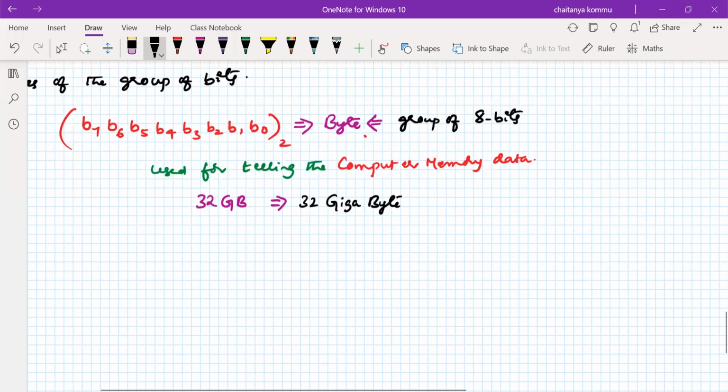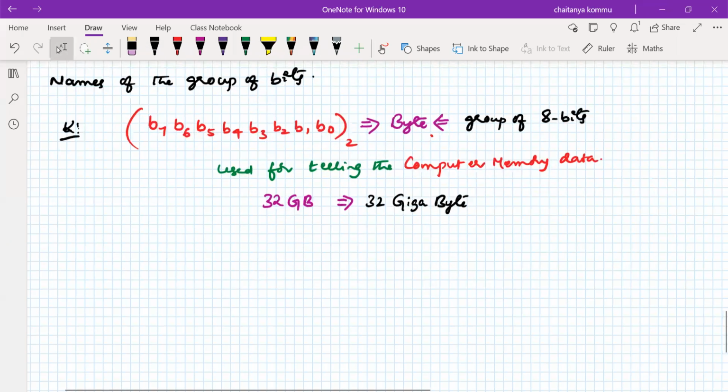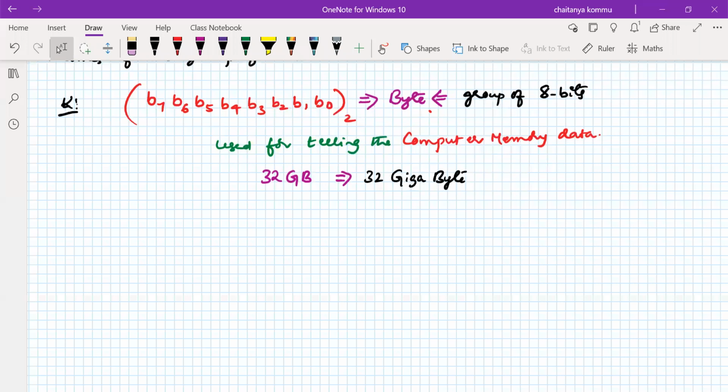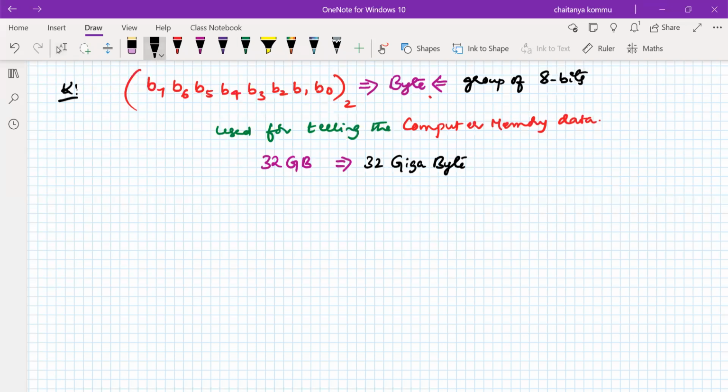So 8 bits are nothing but a byte, as we normally call it. Nibble also we can call it, for half a byte, for example B3, B2, B1, B0 of base 2.